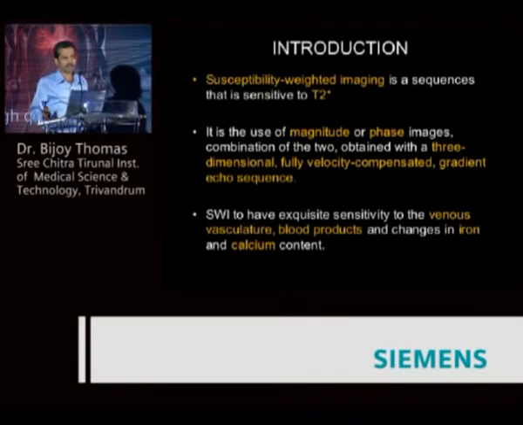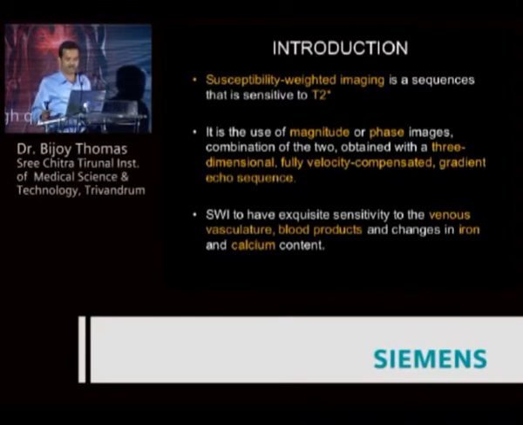So SWI is basically a gradient echo sequence, but we were looking at only 2D gradient echo sequences, which had a limited susceptibility contrast. Susceptibility weighted imaging as it stands today has a magnitude and phase, and it has a unique phase processing.